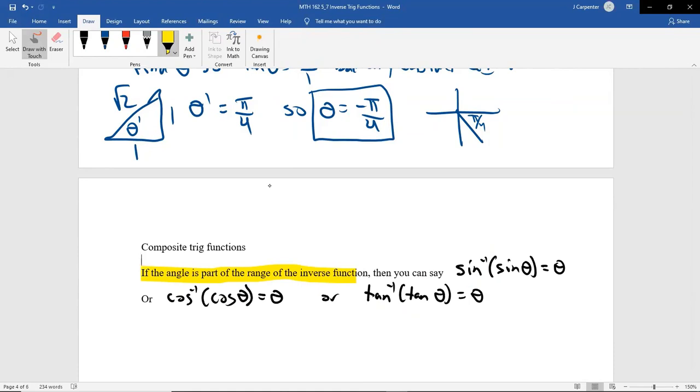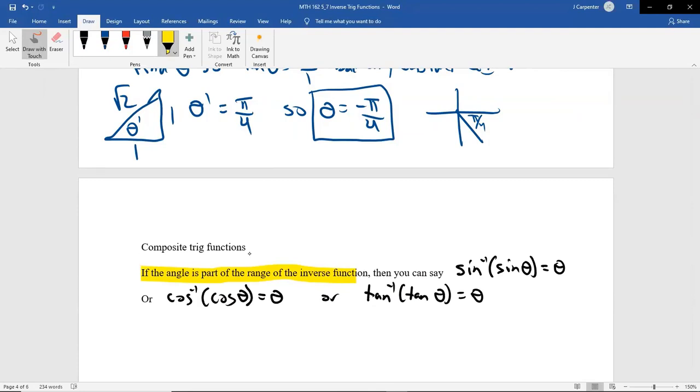If you're dealing with an inverse sine, you're only good with values in quadrants 1 and 4, and the quadrant 4 values have to be just the negative versions of quadrant 1. If you're dealing with inverse cosine, you're only valid in quadrants 1 and 2. My point being, if I asked you the inverse sine of something where the angle is in quadrant 3, you couldn't just say they cancel, you would actually have to work from inside out. So that is a very important detail.